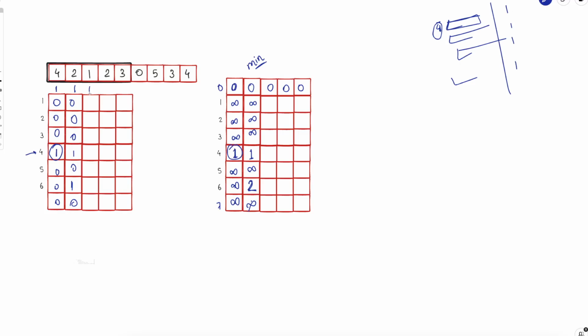So 0, again, it's 1 already. Now 1, because you can make 0, you can amend 1 to it to make 1 as well, right? So how many minimum steps are required to make 0? 0. You added one more element to make 1. So the minimum steps required to make 1 is 1.